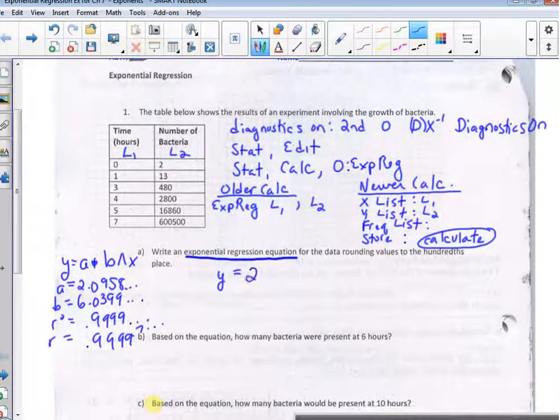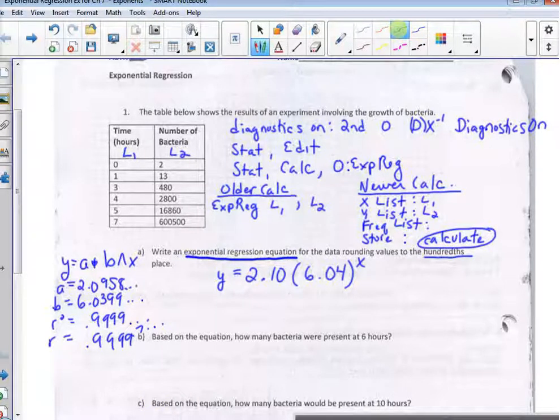To write the exponential regression equation, you want to write y equals 2, and it says rounding values to the nearest hundredths place. So it's 2.10, because 2.095, the 5 is going to round up the 9 to 10, which rounds this 0 up to a 1. So it's 2.10, and then b is 6.04 to the x.